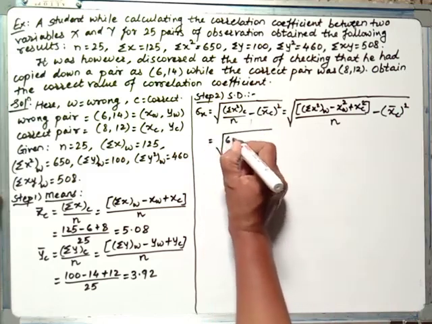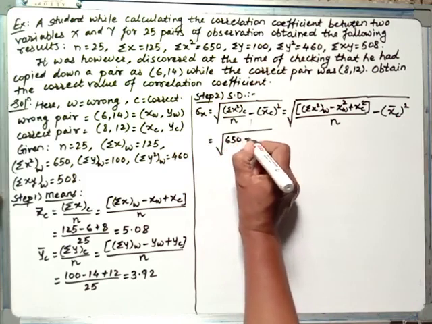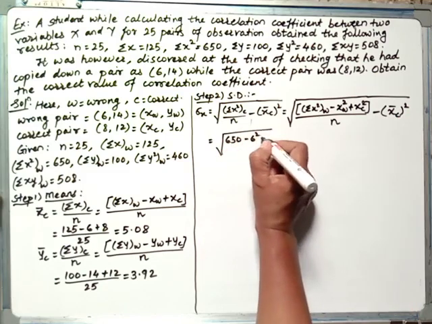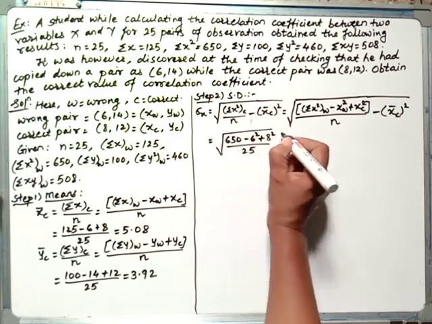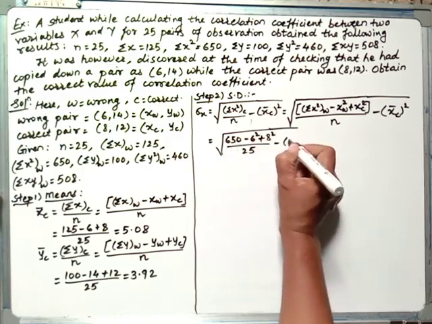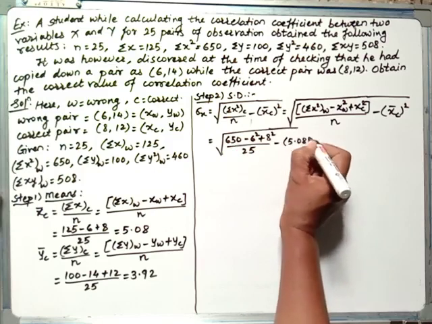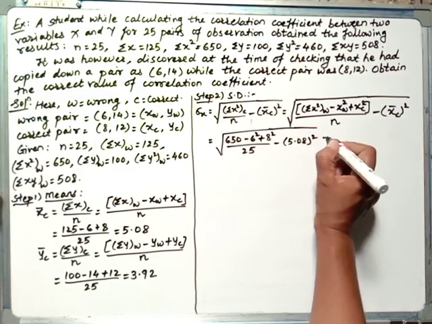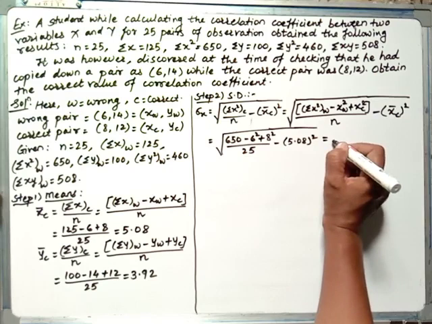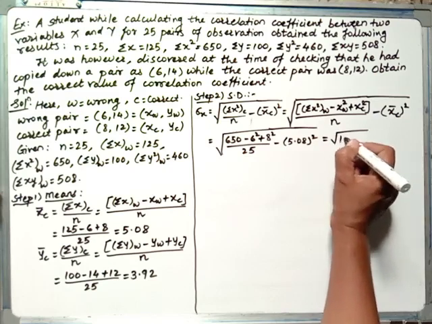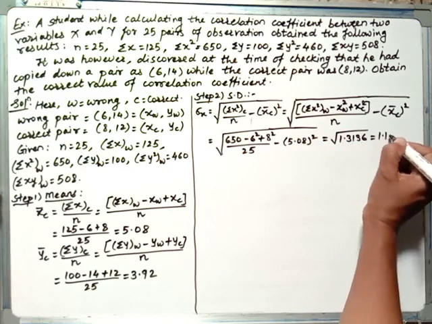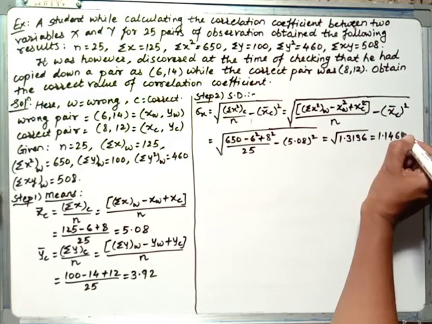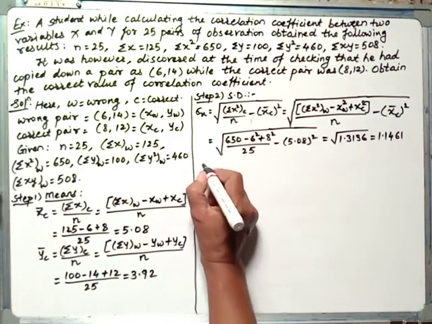This gives 650 minus 6 square plus 8 square upon 25 minus this 5.08 square. And this simplification is square root of 1.3136, that is 1.1461.